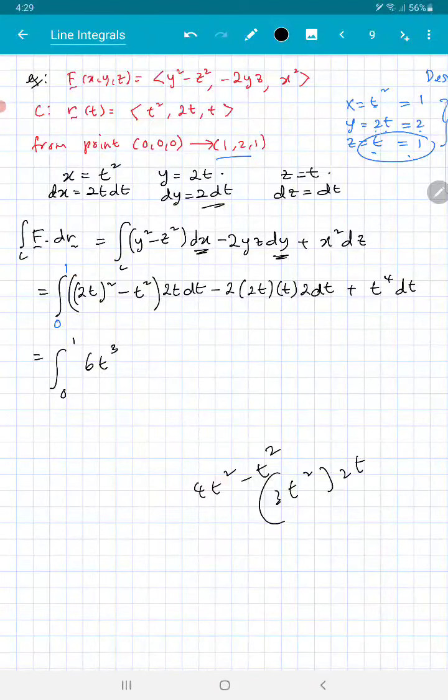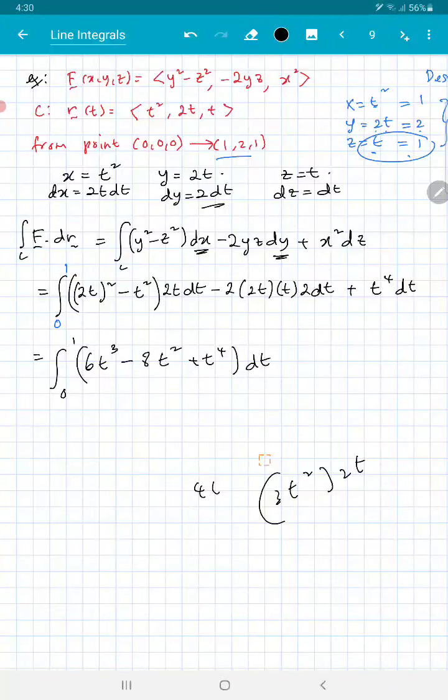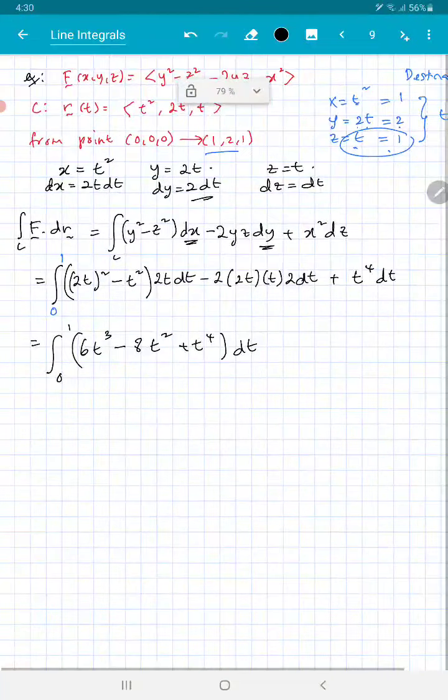And the second term we have minus 2 times 2 times 2, that's an 8, and here we have 2t, so t squared, and the last one is t to the power 4, and then we factor dt out, so we end up with this. Okay, that's easy enough to evaluate.